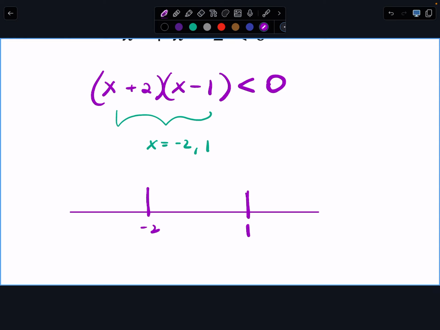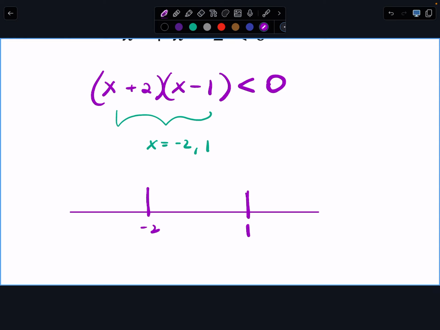Now we want to see what the sign of this quadratic would be to the left and the right of each of those values. These values, if we were thinking about the graph of y equals x plus 2 times x minus 1, would correspond to x-intercepts. We haven't done it in this class, but I think you're pretty familiar with quadratics at this point.